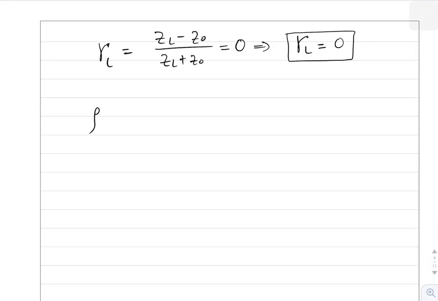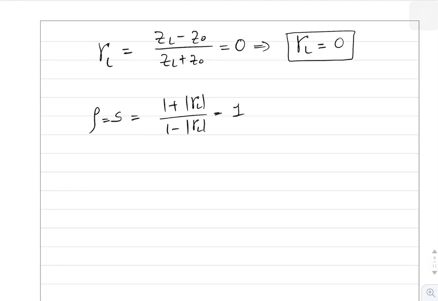If you try to find out the voltage standing wave ratio, or else standing wave ratio, that is equal to (1 plus mod gamma L) by (1 minus mod gamma L). If you substitute the value of gamma L here, that implies our voltage standing wave ratio on the transmission line is equal to 1.